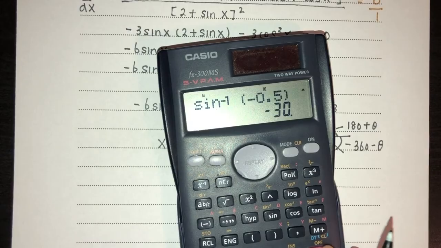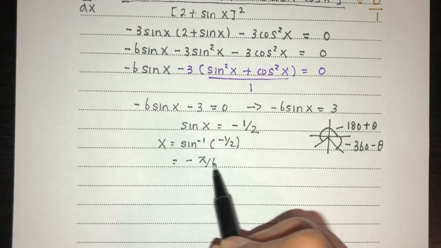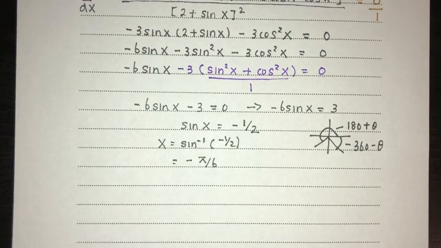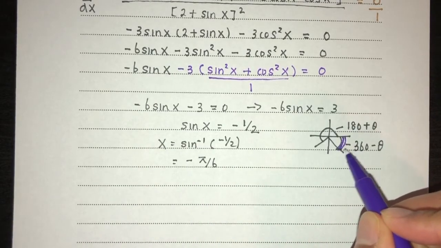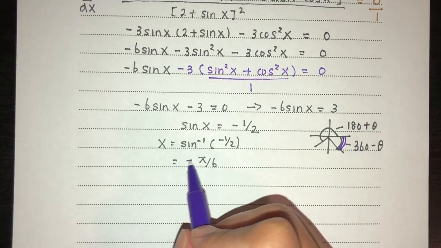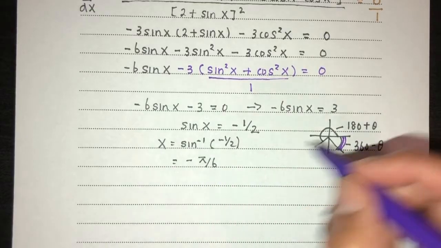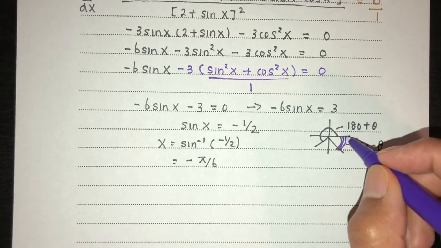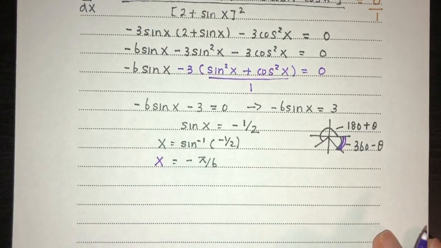That will be minus 30 degrees, which is minus pi by 6. So that is your value of x, which is minus pi by 6, which is this value right here. This angle is minus pi by 6. Minus in this case is only the direction. So when you say plus, we mean this direction. Minus will be going this direction. So your x is equal to minus pi by 6.